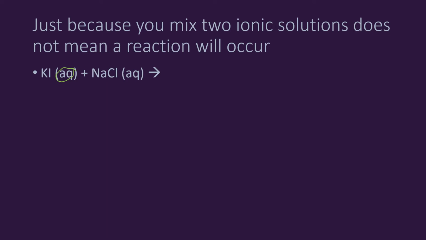So to predict, we predict K will pair with Cl, and Na with I. So we predict that these will change. So potassium chloride plus sodium iodide.